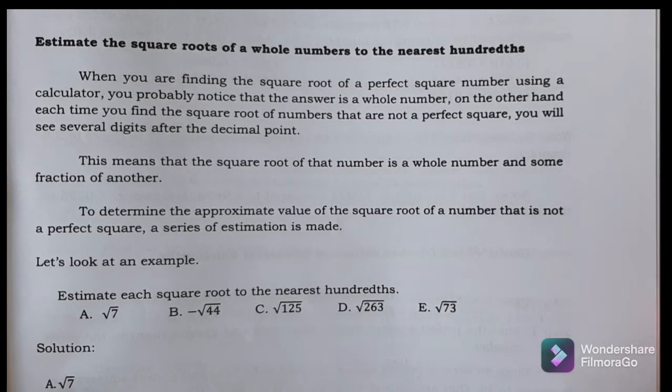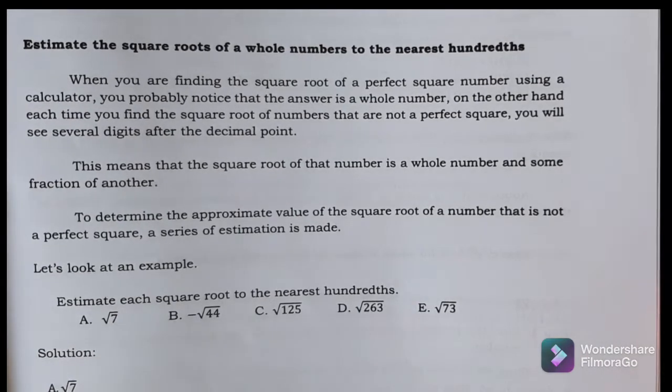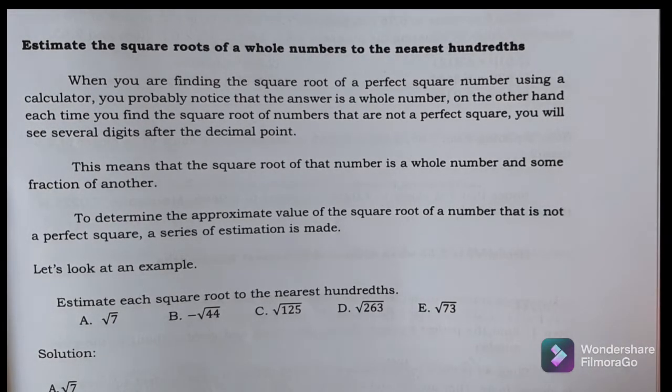On the other hand, each time we find the square root of numbers that are not perfect squares, we will see several digits after the decimal point. Siya ay non-terminating and non-repeating decimal kapag hindi perfect square. Yung ating hinahanap, yung square root.